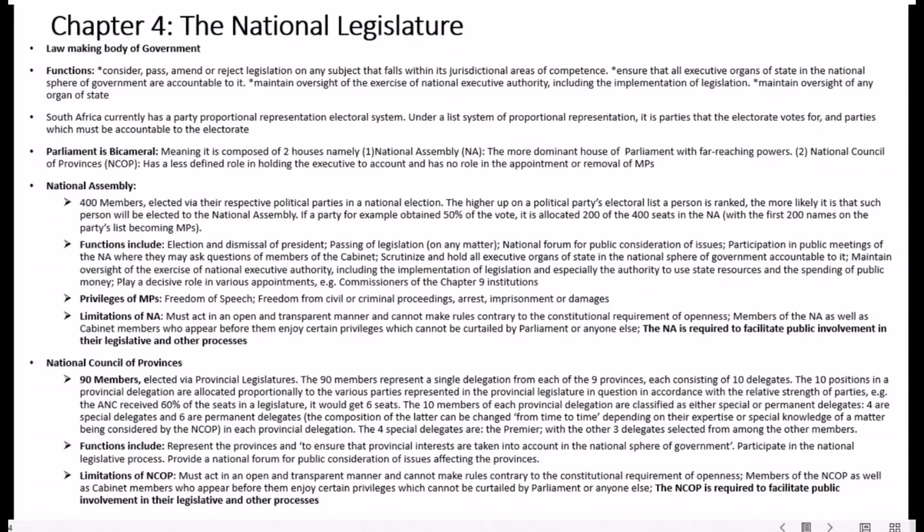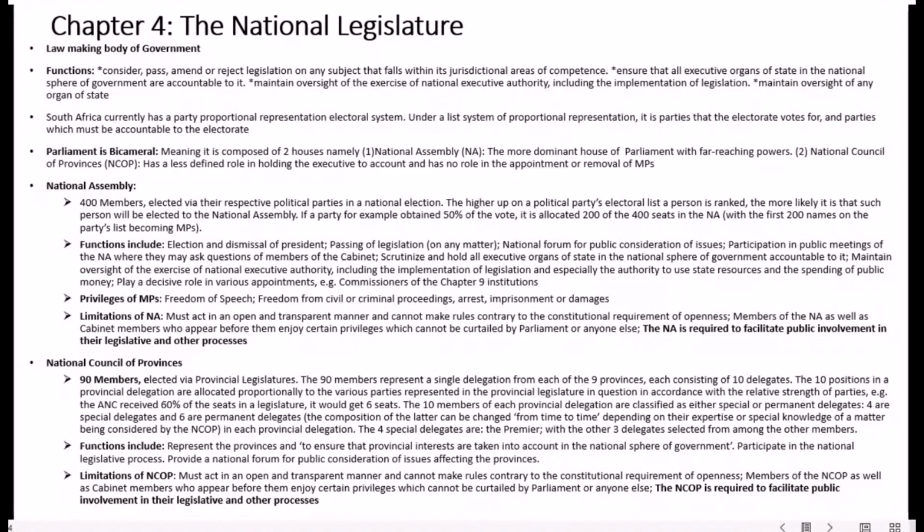It must scrutinize and hold all executive organs of state in the national sphere of government accountable to it, and maintain oversight of the exercise of national executive authority, including the implementation of legislation and especially the authority to use state resources and the spending of public money. The National Assembly also plays a decisive role in various appointments, such as the commissioners of the Chapter 9 institutions.